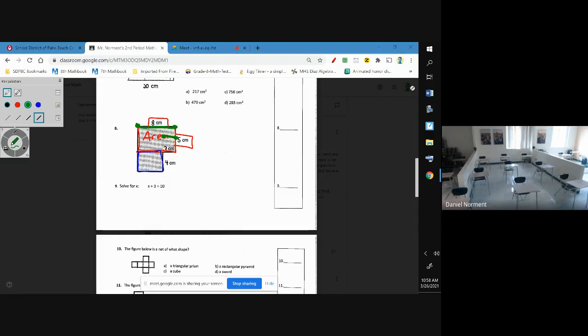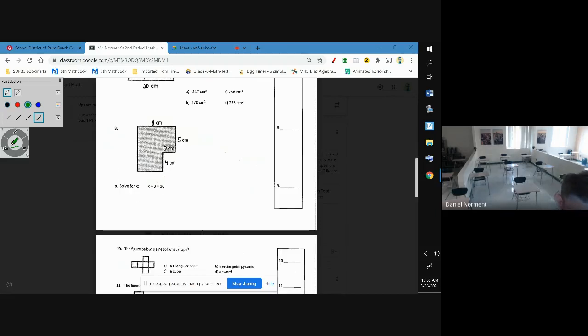So if I subtract that distance of 3 from 8, what I'm left with is 5. 3 subtracted from 8 is 5. So this green box, I'm going to take these two numbers and multiply to get the area of this shape. And then I'm going to take both areas and add this number and this number. Add those two areas and then you get the total area for that.